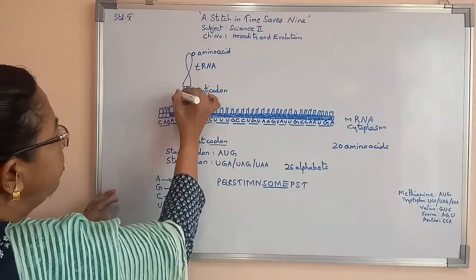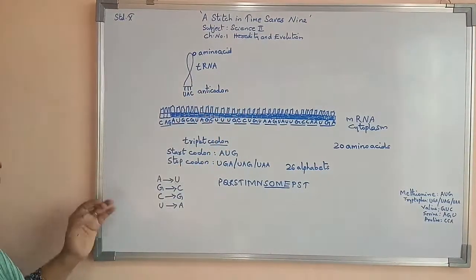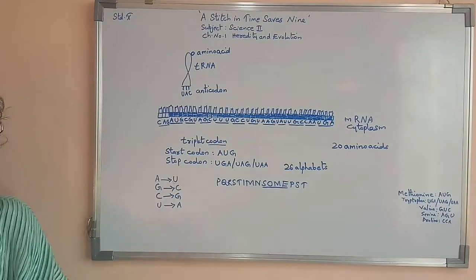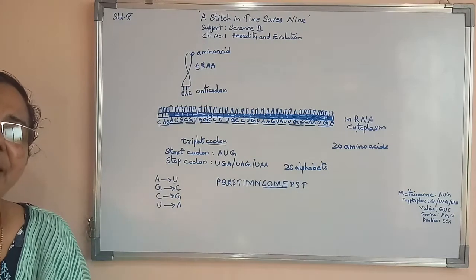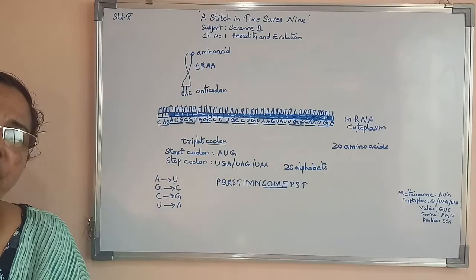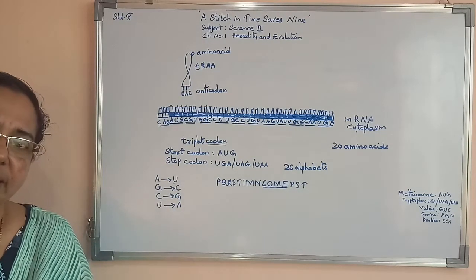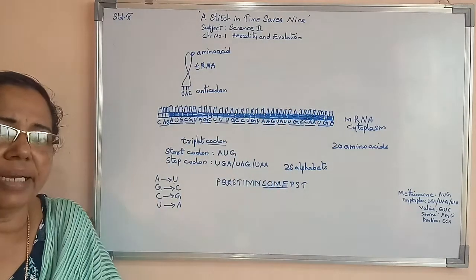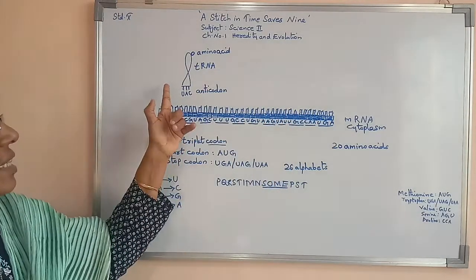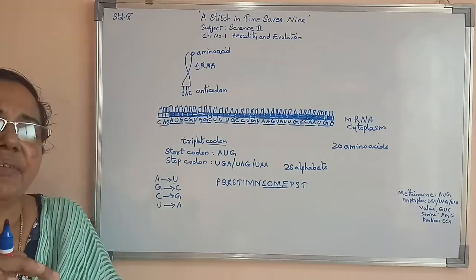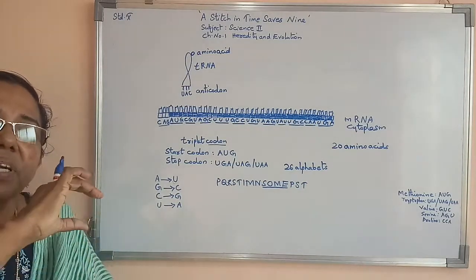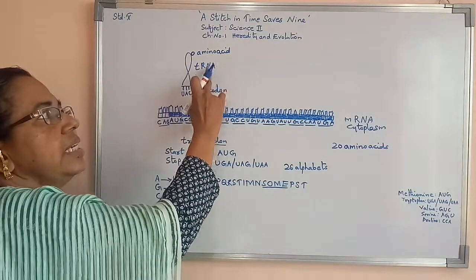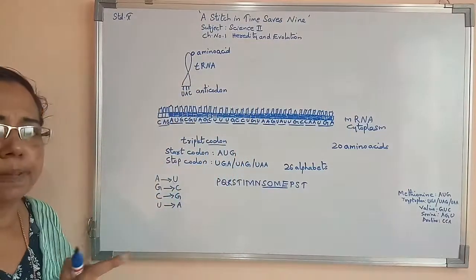Along with it you can find a ribosome. Why? Because the RNA which helps in protein synthesis is messenger RNA, while the tRNA has the duty to move the amino acid with it.